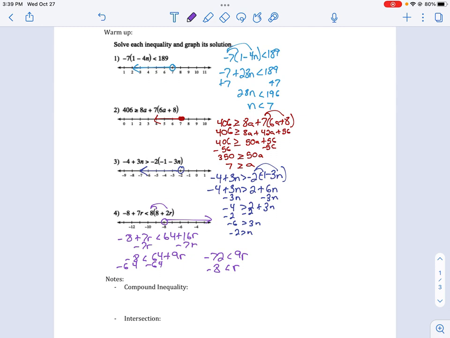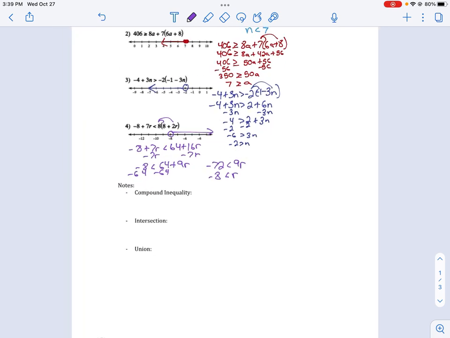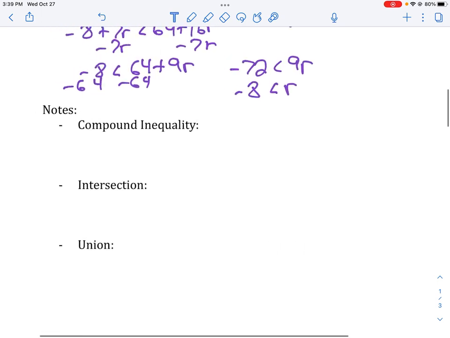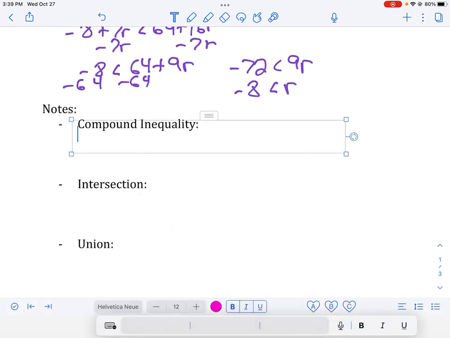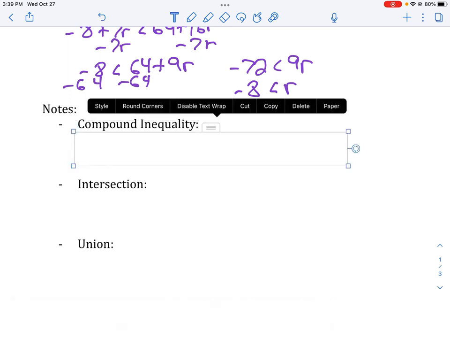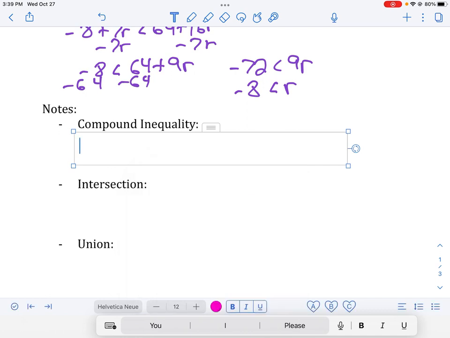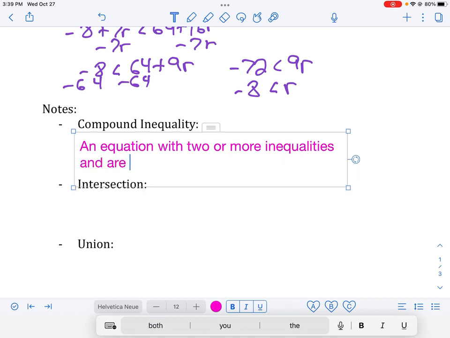So let's start off with our vocab words. So compound inequality: an equation with two or more inequalities that are joined together with an "and" or an "or."